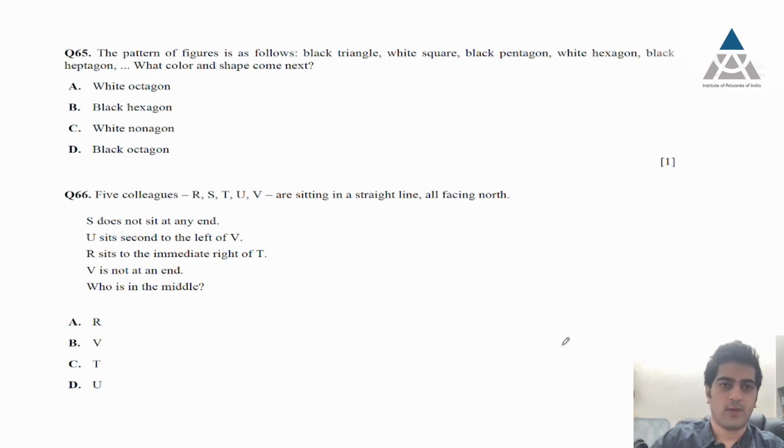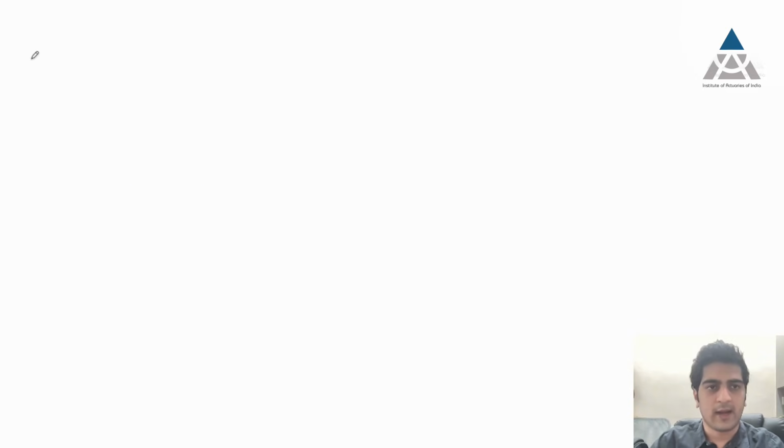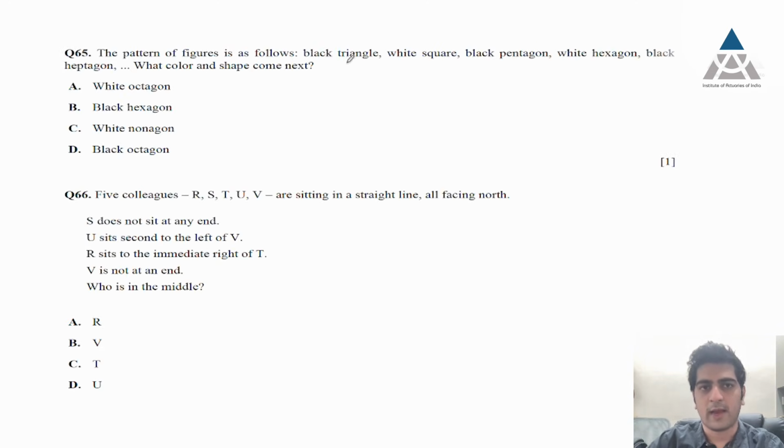Question 65. So the pattern of figures as follows. Now usually these types of questions do give the pattern of figures as well, but here to add complexity, to add a layer of difficulty, they have written these names, so we can try to figure it out. So we have a black triangle, so I'll just quickly start creating them. Black triangle, I'll just write B inside to show this is black.